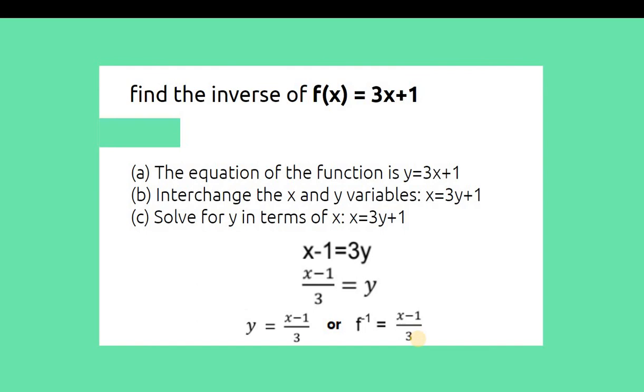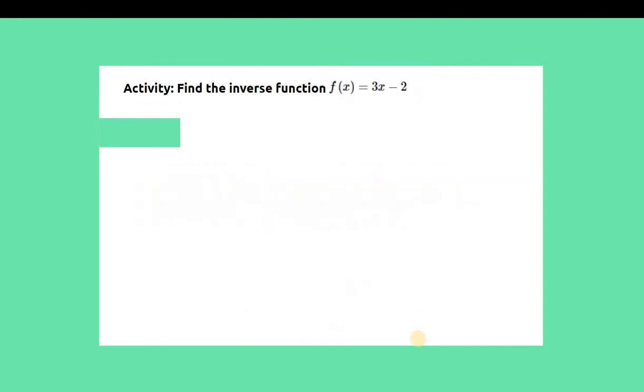So, I hope this one is clear for all of you listeners. So, next, subukan naman natin to, no? I will let you solve this on your own. So, find the inverse function of this, no? Function of x is equals to 3x minus 2. Okay? So, gagamitin lang natin yung same principle dito, class.